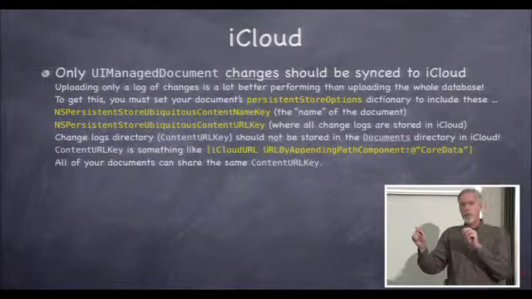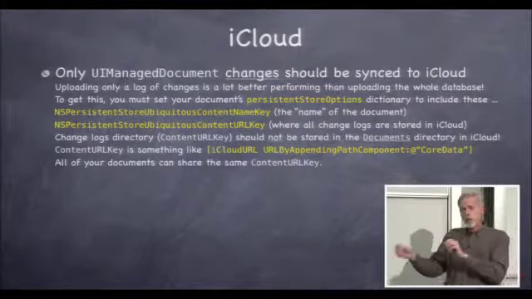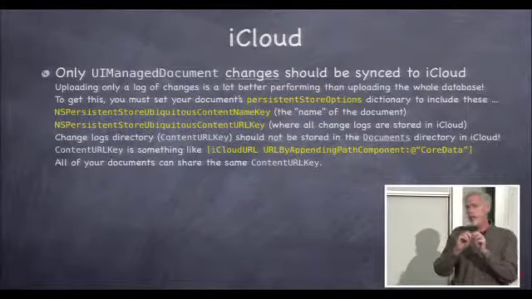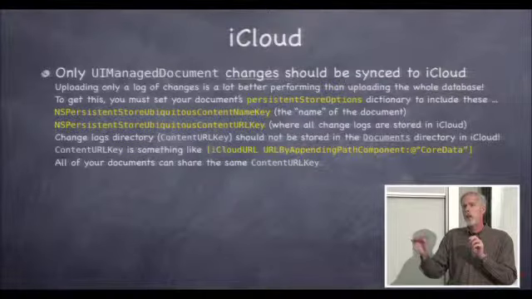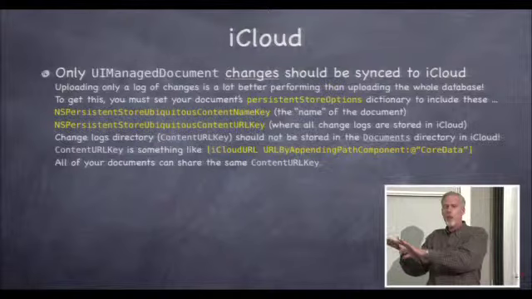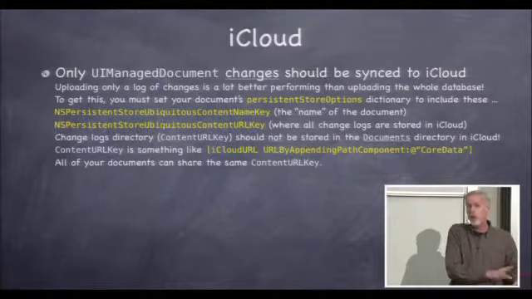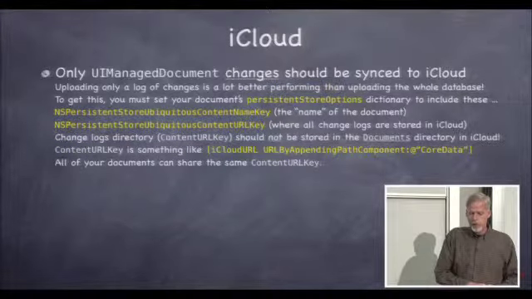The value for this key, which is a URL, can be the same for all your documents. It'll automatically divide up this directory so each document has its own space. So this one doesn't have to be unique per document.